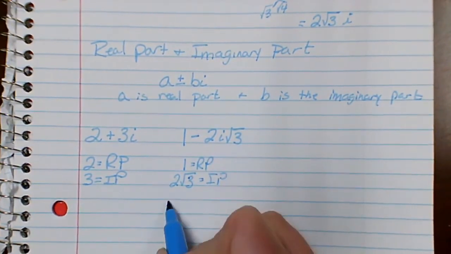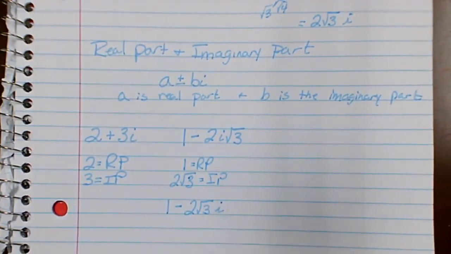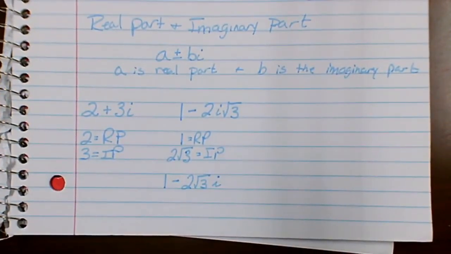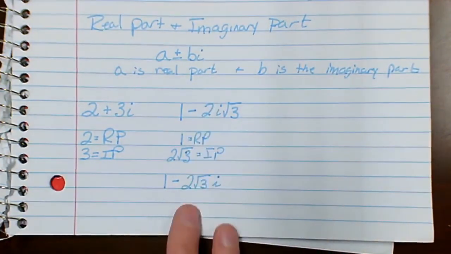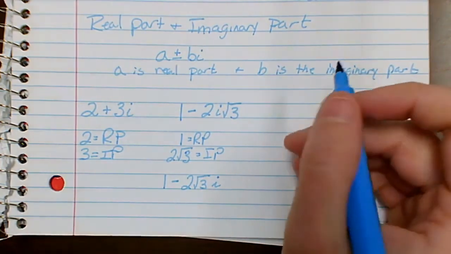And that's why some people like to write it in this fashion, because the 2 square root 3 has to be together for the imaginary part. So don't get confused on the way that you see these written. Just remember that the imaginary part is with the i, so you pick out all the numbers and just leave i alone. That would be your imaginary part.